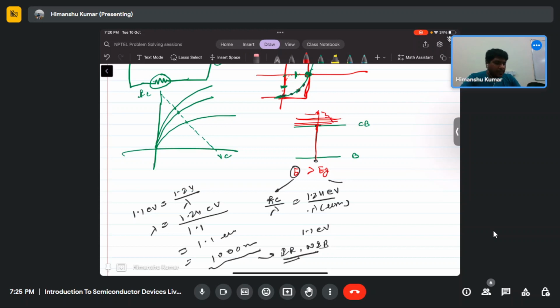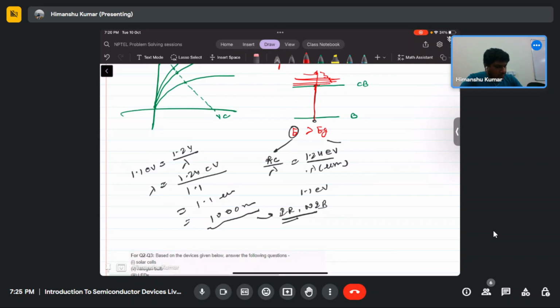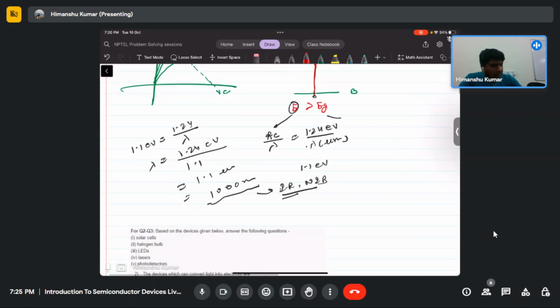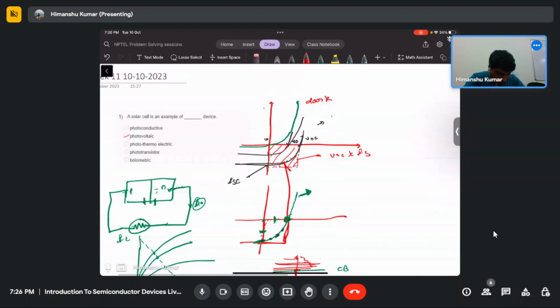So a lambda smaller than this is possible, and that will have higher efficiency.